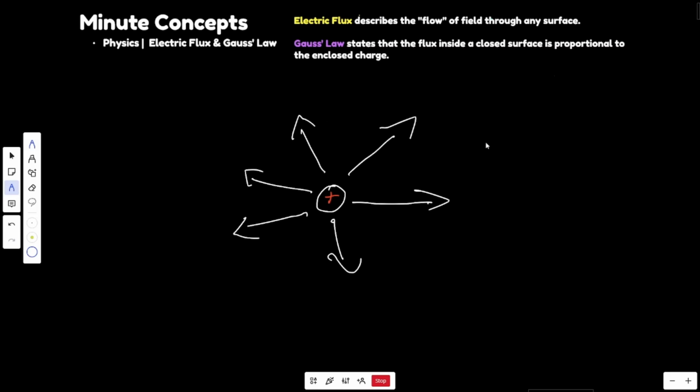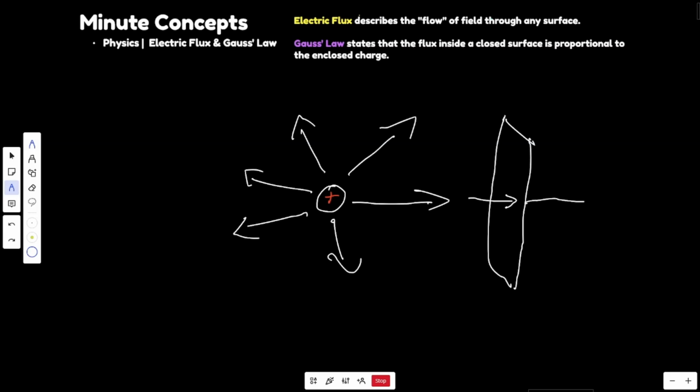Now, imagine that we have ourselves a sheet of metal here. There. Or really any conducting material, or just any material in general. So, the field of this positive charge will pass through our surface. Right? So, we can imagine another arrow going in through here. It enters that way, and comes out the other side.